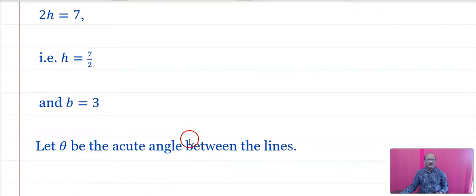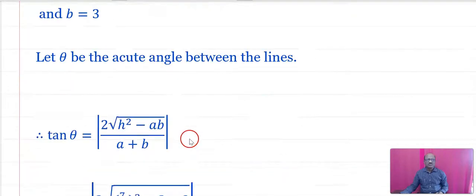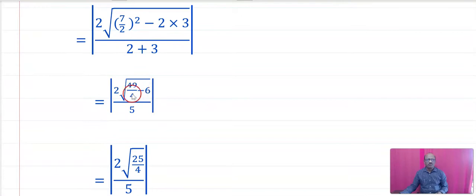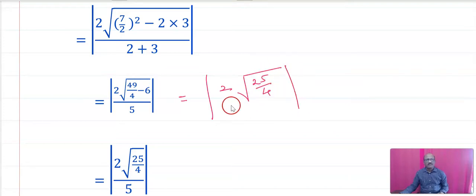The value of a is 2 and b is 3. That is 2 into 3. And then you will get mod of 2 root of 49 upon 4 minus 6. Again, if we simplify this, here is 49, 4 into 6, that is 24. 49 by 4 minus 24 by 4, you will get 25 by 4, and this whole divided by 5.